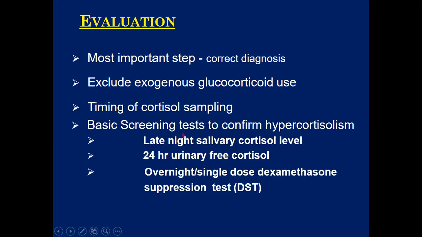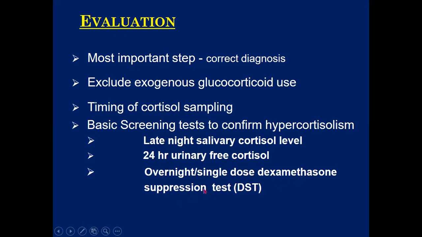Then the basic screening tests to confirm hypercortisolism. Number one, the late night salivary cortisol level, which, as I told, is the most sensitive test but not routinely performed. If it is increased, it highlights that the patient is having a high cortisol level. Then 24-hour urinary free cortisol again. And then one test is the overnight single dose dexamethasone suppression test.